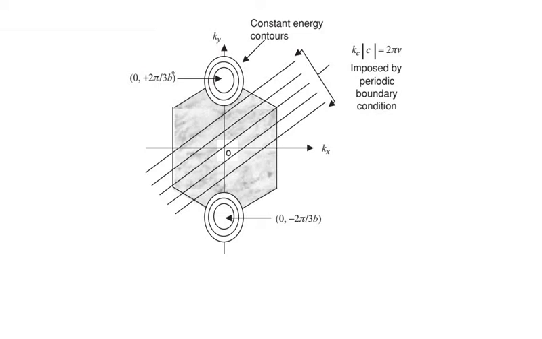So this figure basically shows this constant energy contour. If we travel along this circle, we would find a constant value of this energy E. Then the second circle we would also find a constant energy E, but this energy of the second circle is slightly greater than the energy of the first circle.